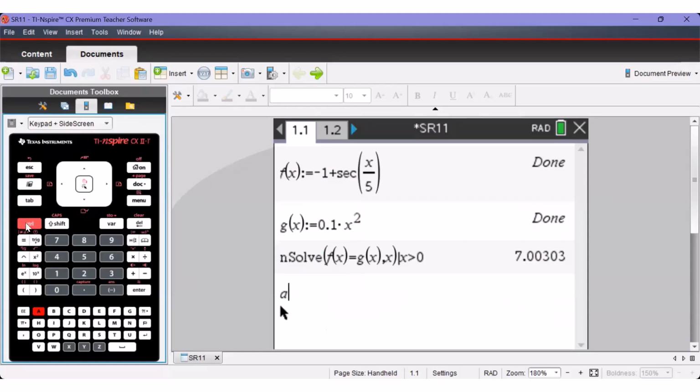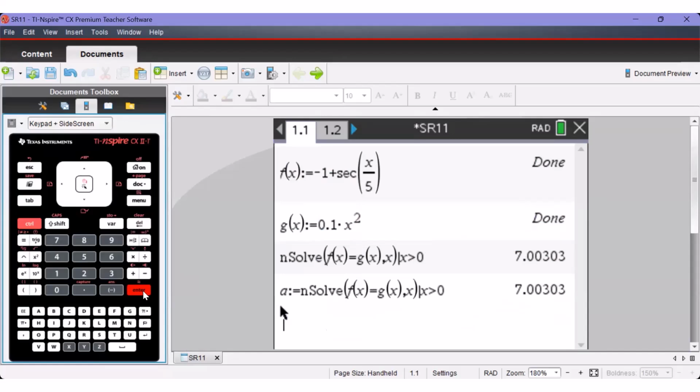And we will assign it, so control symbols template, we'll assign it to be the solution to this equation. Press enter. Now, the power of doing that is that we have basically stored 7.00303 as A. And now let's perform a definite integral calculation on the calculator application.